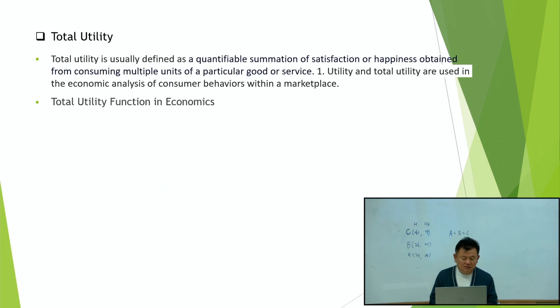Total utility is usually defined as a quantifiable summation of satisfaction or happiness obtained from consuming multiple units of a particular good or service. It means using the goods and services, how much total utility you gain. This is total utility.